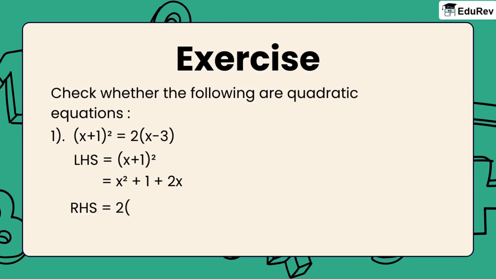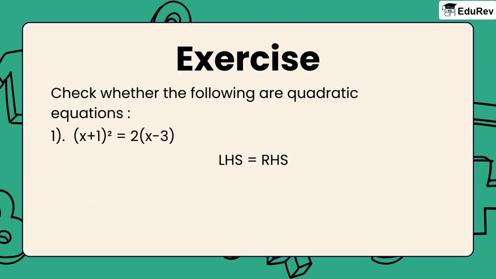And on the right hand side we have 2(x - 3). Opening this bracket, we get 2x - 2 multiplied by 3, that is 6. So, equating LHS and RHS, we get x² + 1 + 2x = 2x - 6. On solving this equation, we get x² + 7 = 0.